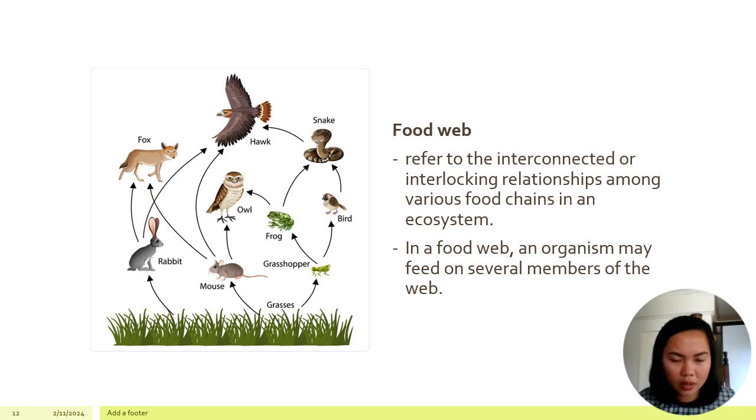And ultimately, the rabbit, the mouse, and the snakes are eaten by the hawk. So this is a food web. Food web presents an interconnected, interlocking relationship among various food chains.